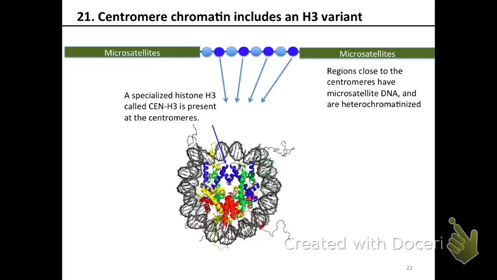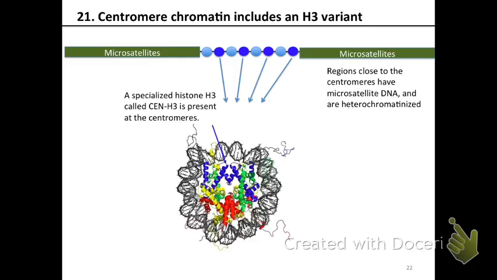One of the functions that CEN-H3 has is that it serves as a binding site for the kinetochore proteins. The kinetochore proteins bind to the centromeric H3, and they also have sites to bind to the mitotic spindles, okay? And that's how the centromere is going to connect to the mitotic spindles. Does that make sense? All right, so here is an example of a histone variant that goes to a special region of the genome and for a special function.